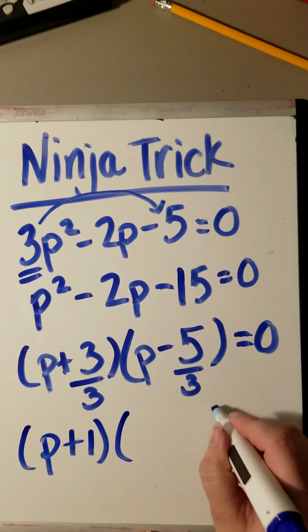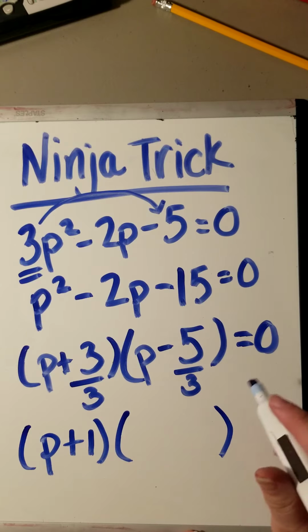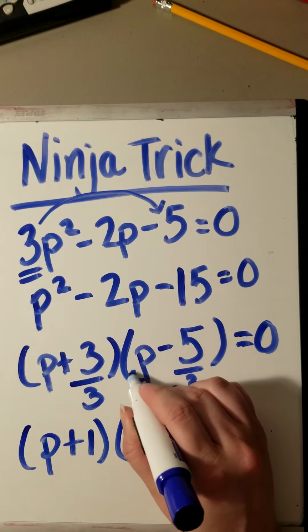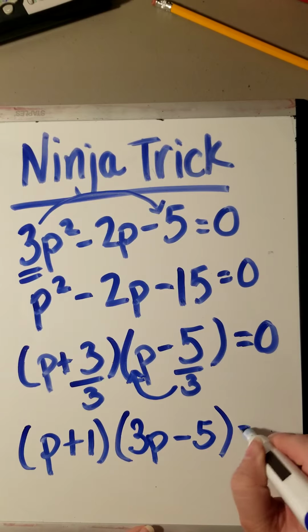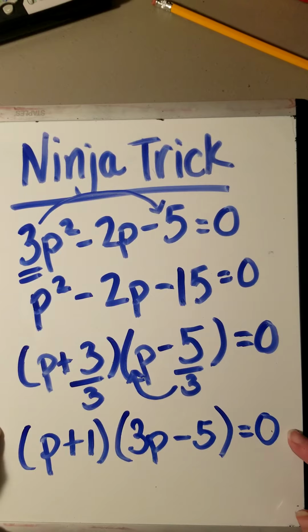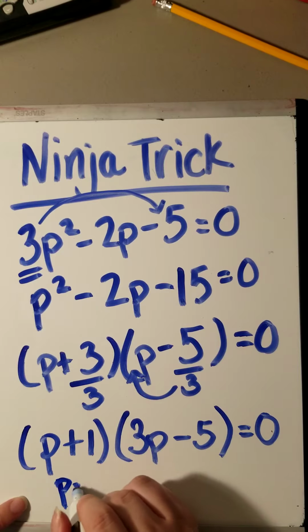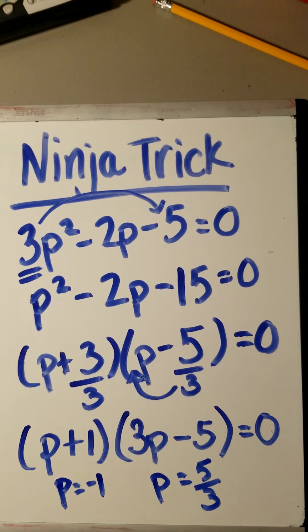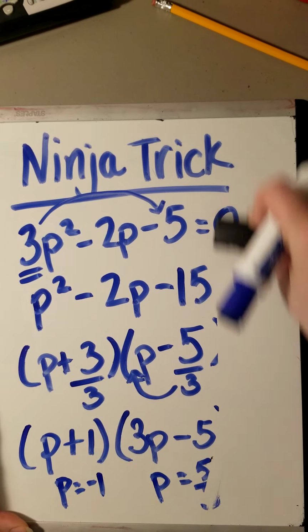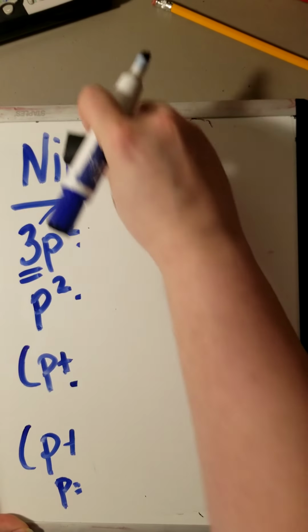In the second case, this does not divide evenly, so I bring this 3 in front of the p. And now this is the same thing that we had before when we were using the reverse box method. And I would still have p equals negative 1 and p equals 5/3, just like I did before.